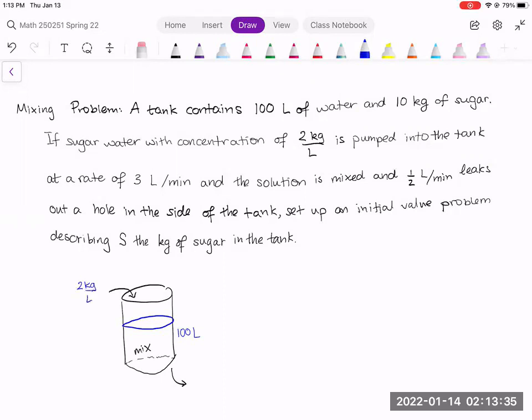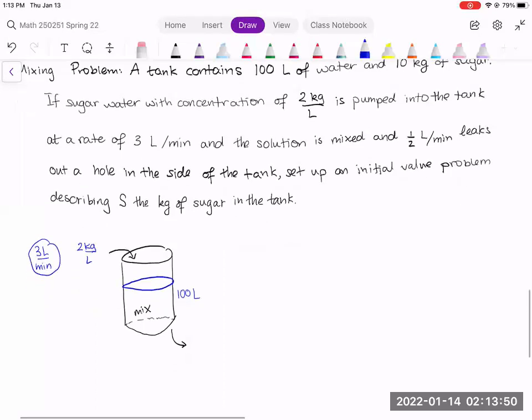It has a concentration of 2 kilograms sugar per liter, and we're allowing 3 liters in per minute. And what is coming out? We have a 1/2 liter per minute leaking out. And this part is well mixed.